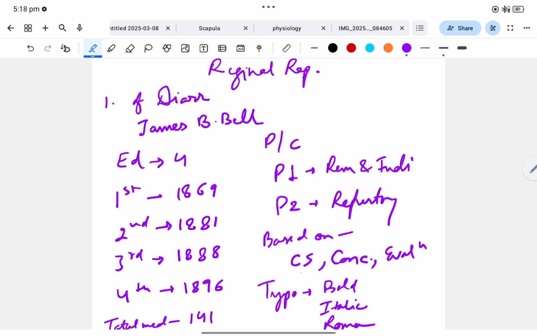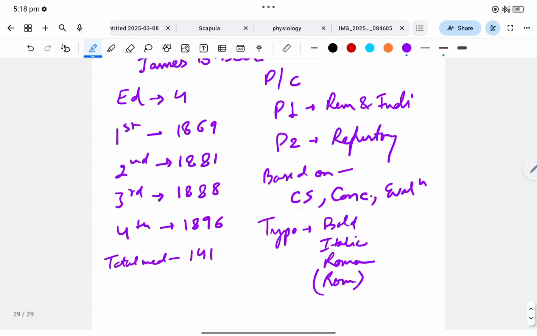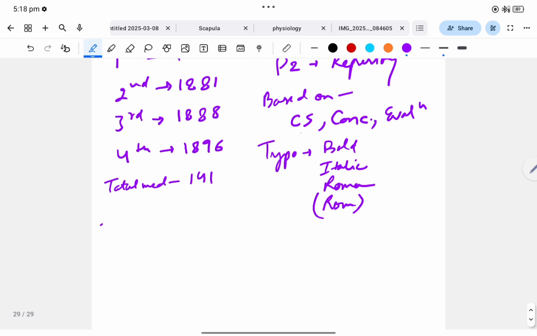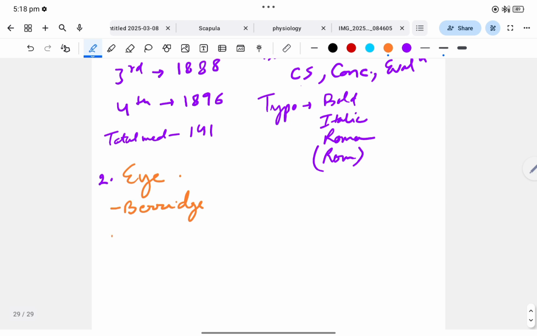Now the second regional repertory was on eye. Based on eye. Author Berridge. Published in the year 1873 in London.